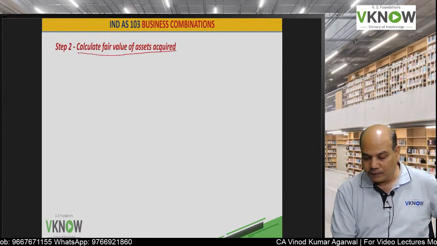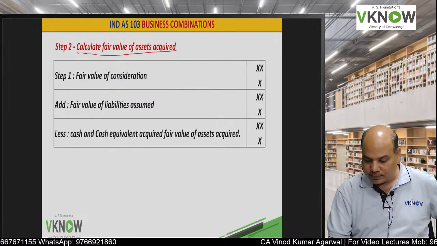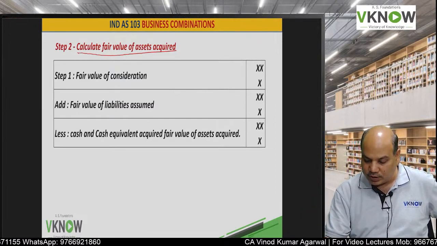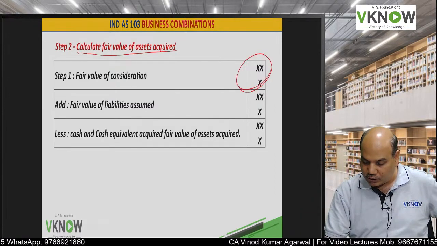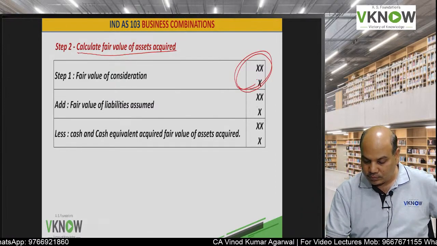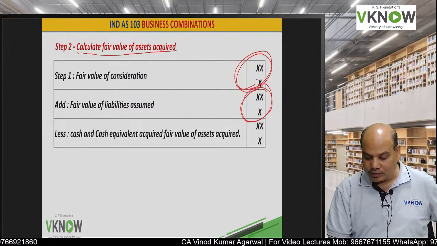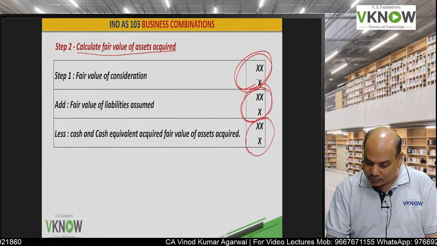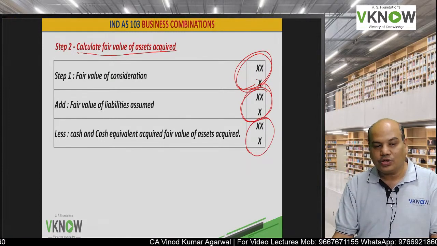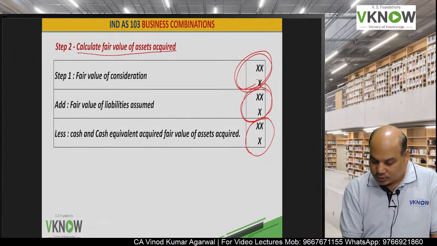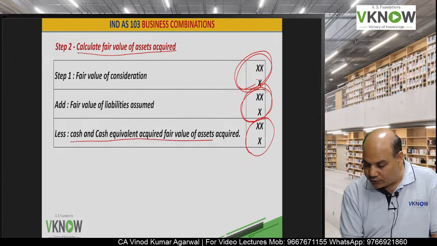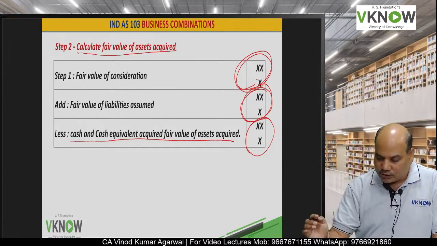Then you calculate the fair value of the asset acquired. Fair value of the asset acquired is equal to the fair value of the consideration plus the fair value of the liabilities minus the cash and cash equivalents acquired. If any cash and cash equivalent is there which you acquired, you please deduct it.